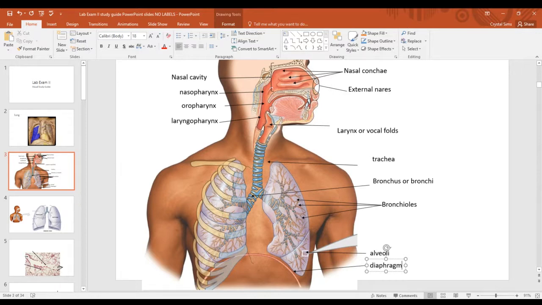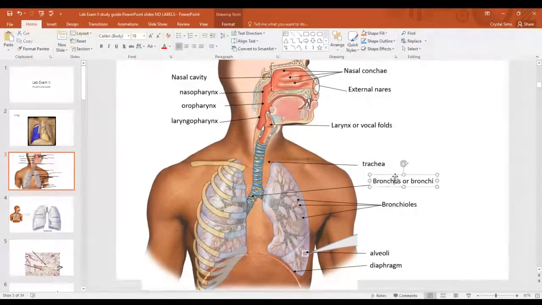So that's going to be the bronchioles. And then down here, this picture's been cut off, this is where the alveoli would be. So this little box here is pointing to the alveoli.